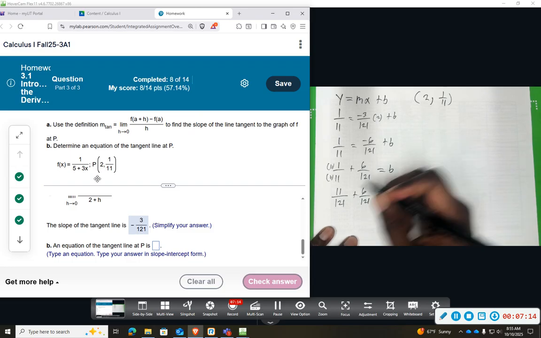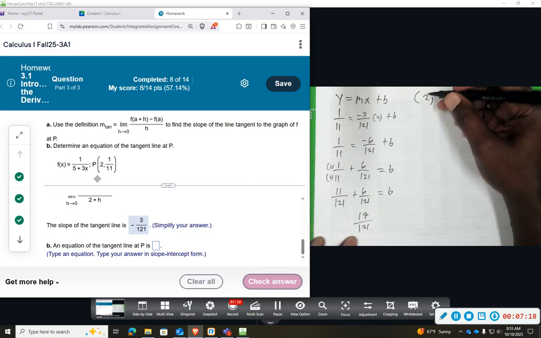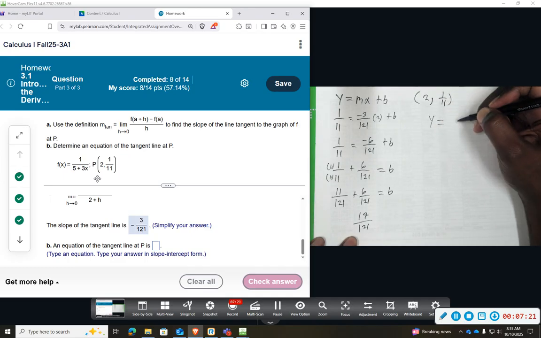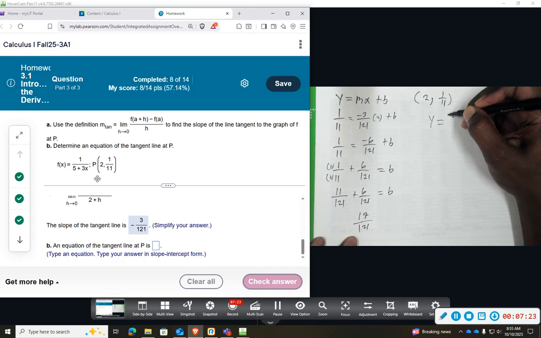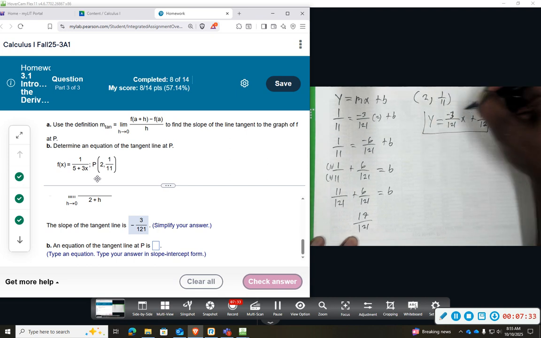That equals b, and so b will equal 17 over 121. And so my overall equation, y equals negative 3 over 121 x plus 17 over 121. This will be the equation of our tangent line.